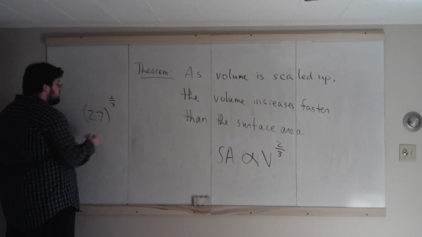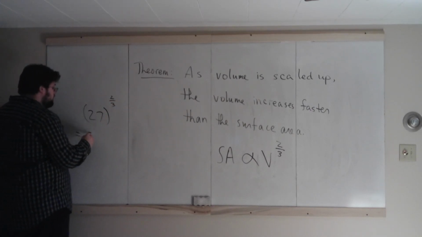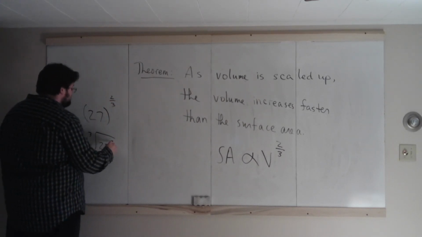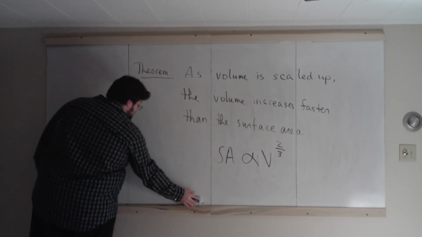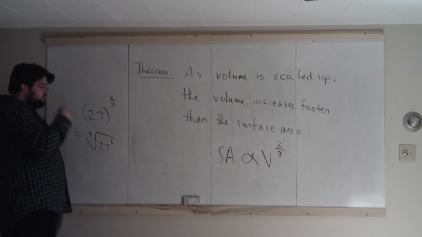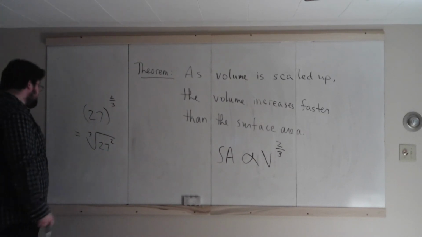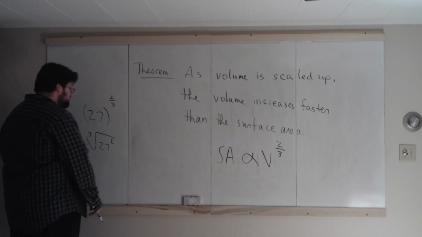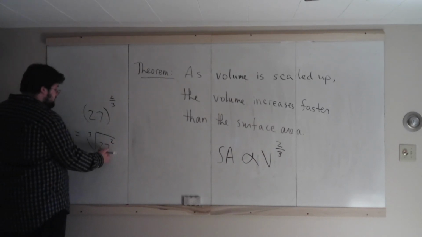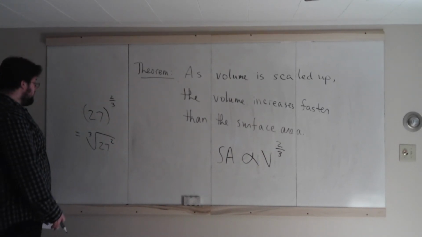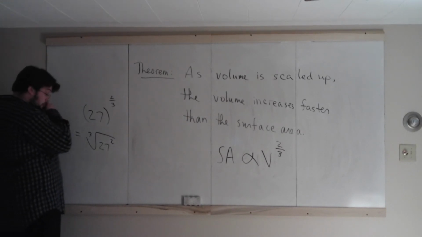27 to the 2/3 equals the cube root of 27 squared. 27 squared, I don't know that. Actually, I do, because I talked about it in my calculus class. Let's say you don't know what 27 squared is and then how to take its cube root.